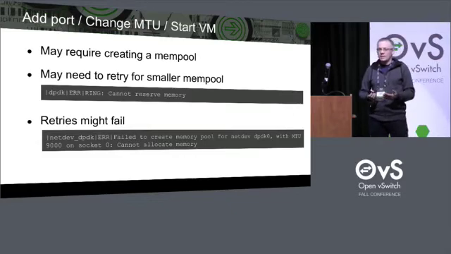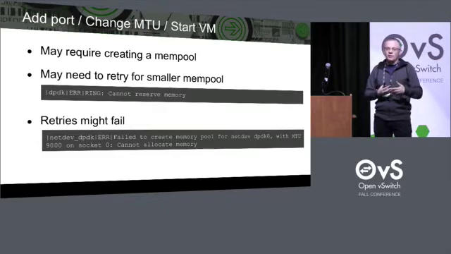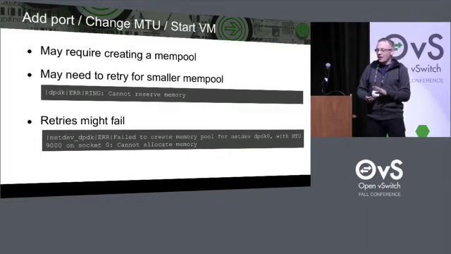For adding a port, the port needs a mempool. We need to fill the RX queues with mbufs. For changing MTU, as we saw from Diego and Ian, the mbuf is only so long, and if we can't fit the new MTU in it, we need to get a new mempool with new mbufs. Starting a VM is the least obvious one.